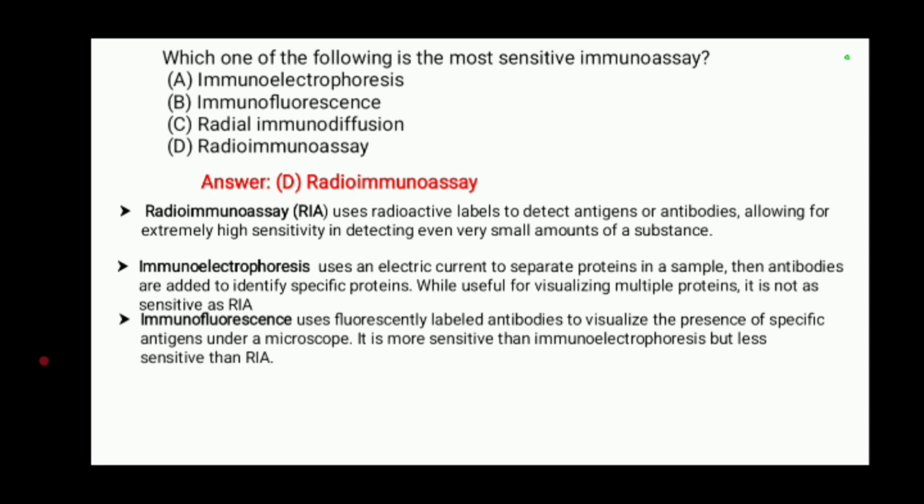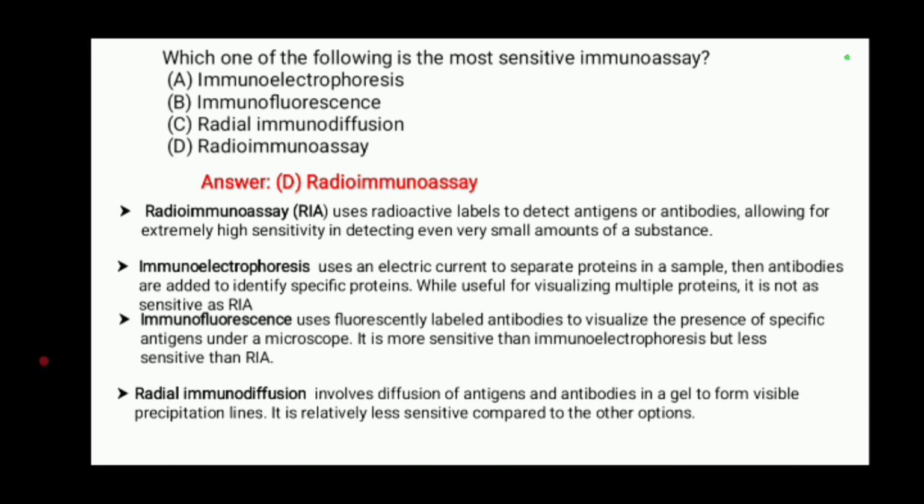It is more sensitive than immunoelectrophoresis but less sensitive than RIA. Radial immunodiffusion, option C, involves diffusion of antigens and antibodies in a gel to form visible precipitation lines. It is relatively less sensitive compared to the other options.